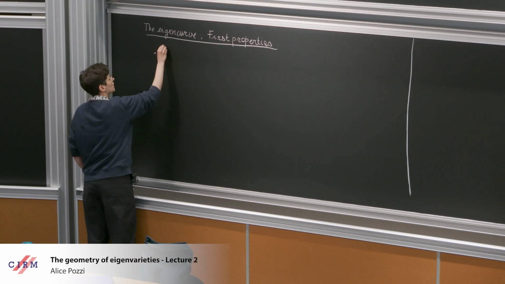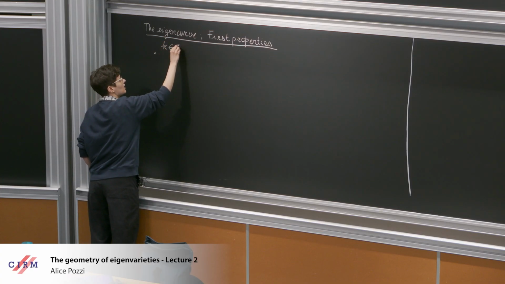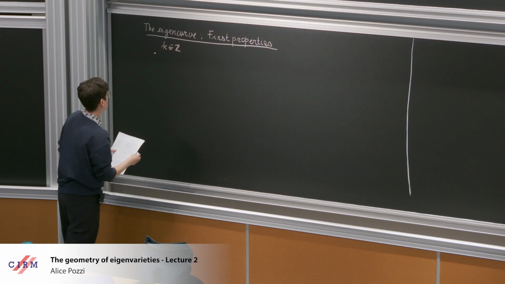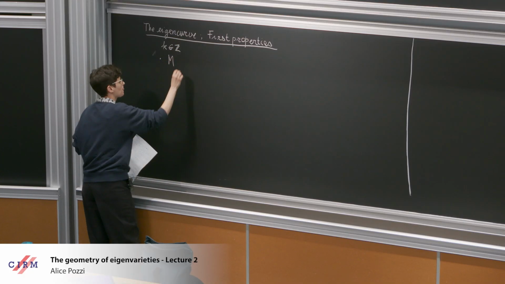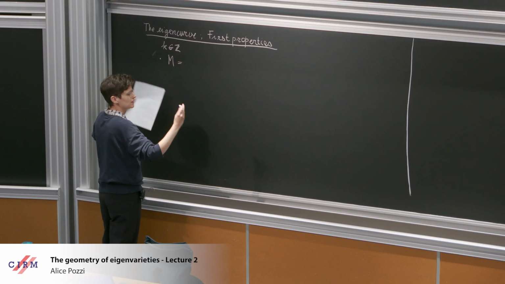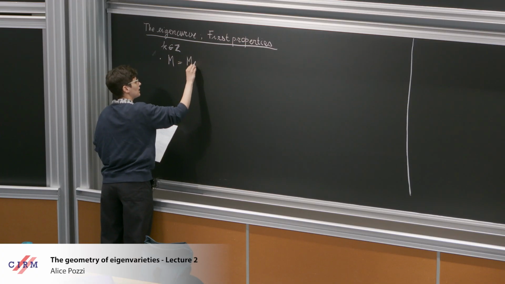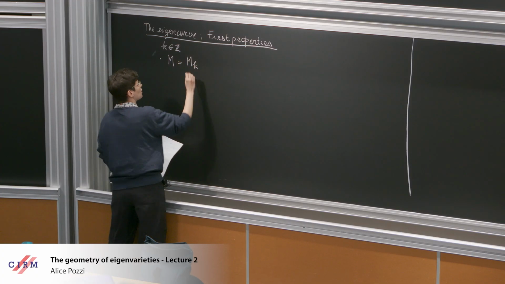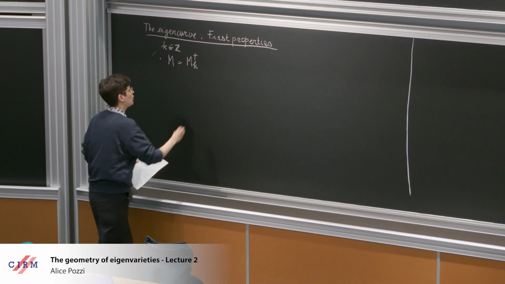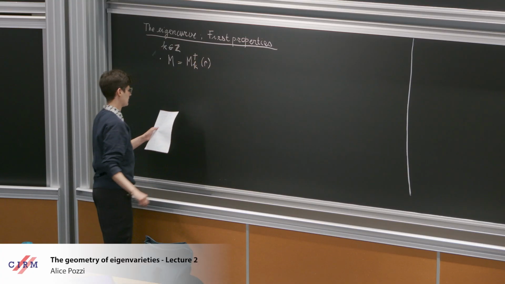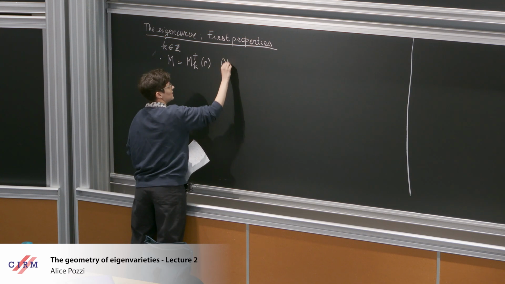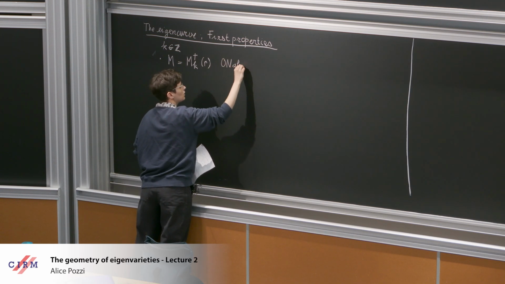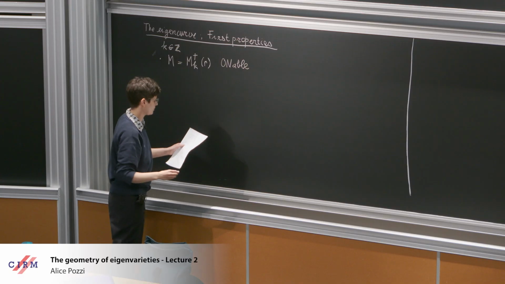From yesterday, k was an integer weight, and we were working with M. We are going to do this abstractly, but we are thinking of the space of overconvergent forms of some fixed radius. And we said that this is an orthonormalizable Banach space.